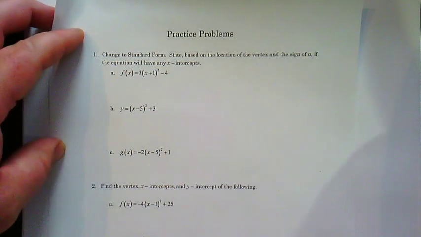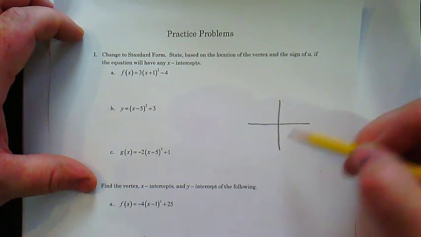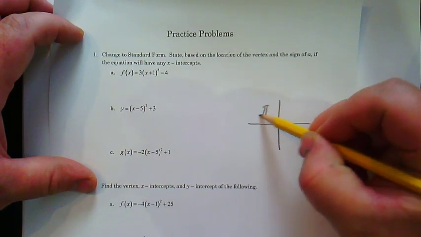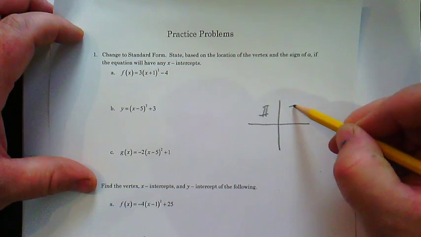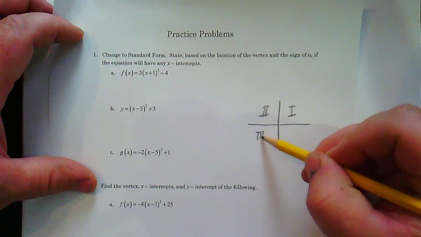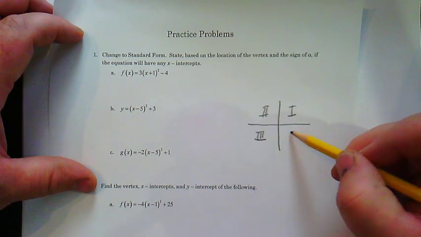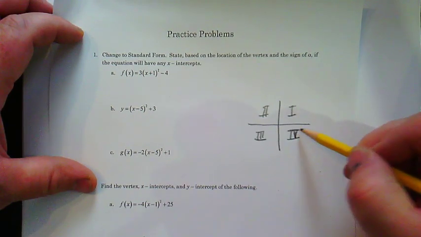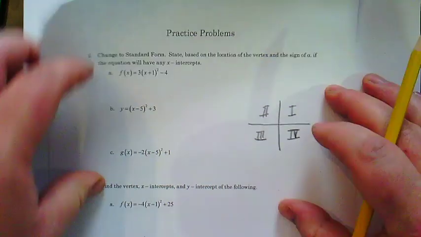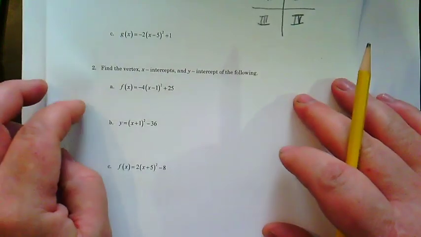So if a is positive, it goes up, right? If a is positive, and you find out the vertex is in quadrant 1 or 2, there's not going to be any x-intercepts. If a is negative, it goes down. So if a is negative and the vertex is in the 3rd or 4th quadrant, you're not going to have any x-intercepts.